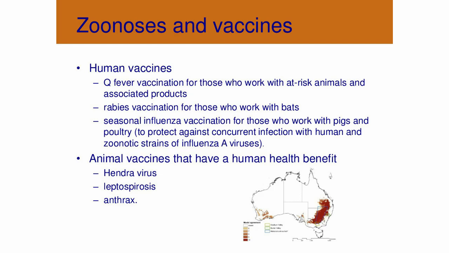In addition to Q fever and rabies vaccination, it's also important that those who work with pigs and poultry have seasonal influenza vaccination. Now, this won't protect them against infection with zoonotic strains of influenza A viruses, but it will help prevent concurrent infection with both human and zoonotic strains, which could make a worker especially sick.